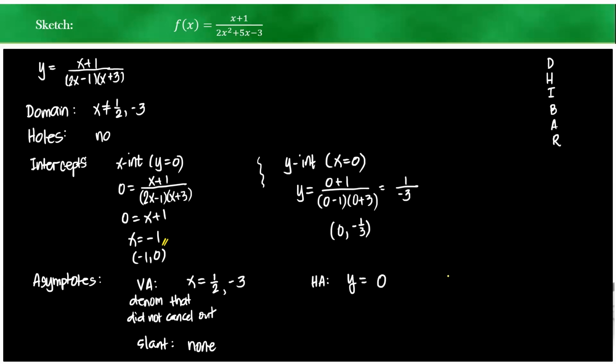Now, sometimes we need to check for crossing at HA. So how do you check for crossing? What we do here is take the HA, and the equation x plus 1 over 2x squared plus 5x minus 3.